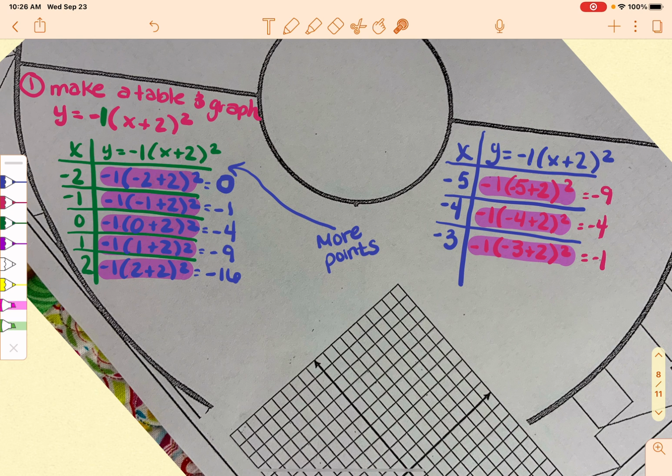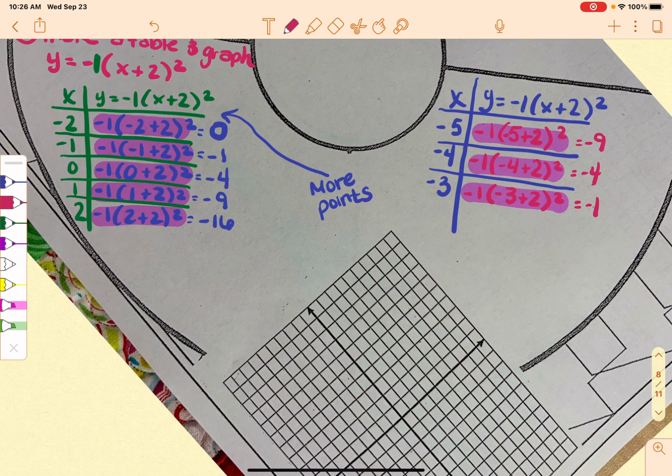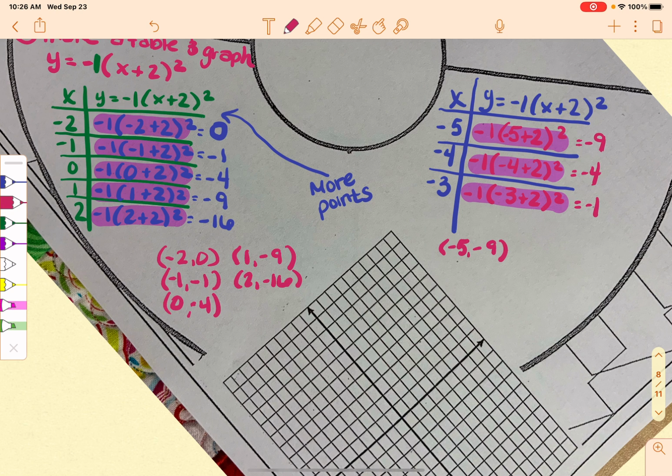So -2, 0, -1, -1, 0, -4, 1, -9, 2, -16, and then I'm going to move over and get the 3 points from over here. So I have -5, -9, -4, -4, and -3, -1.